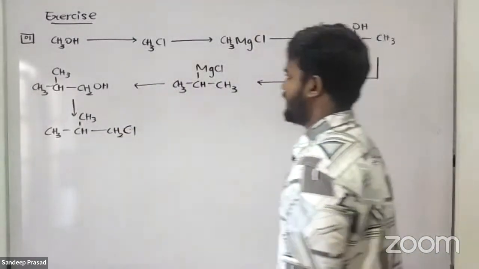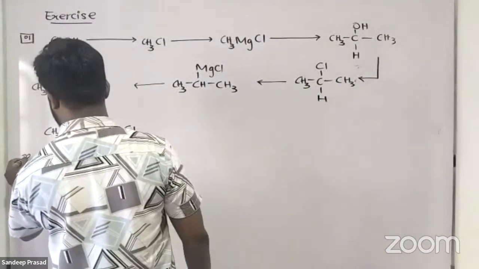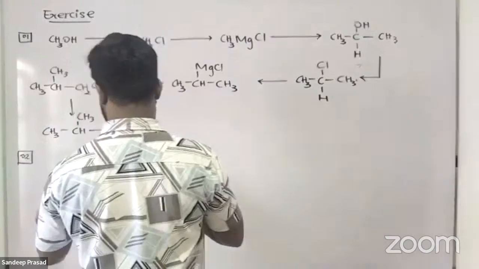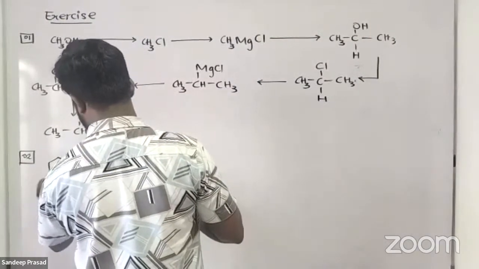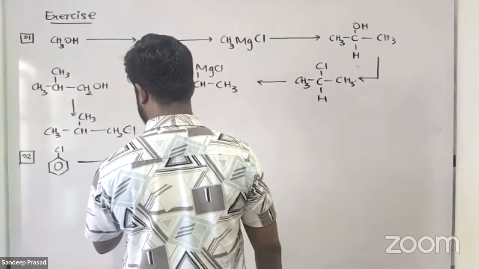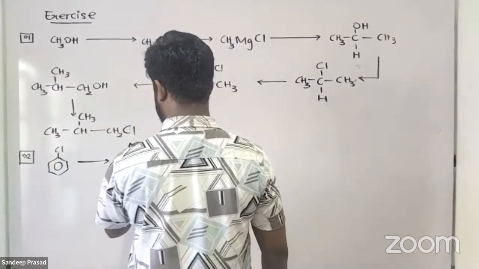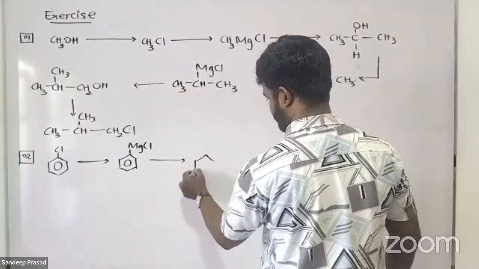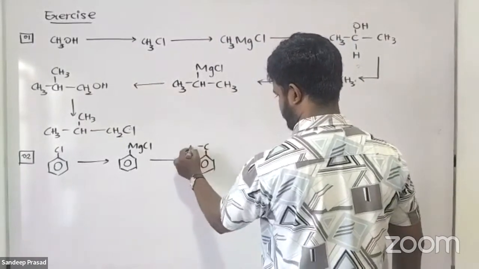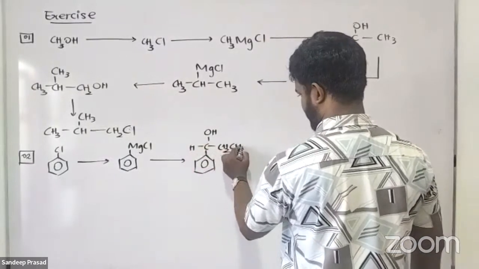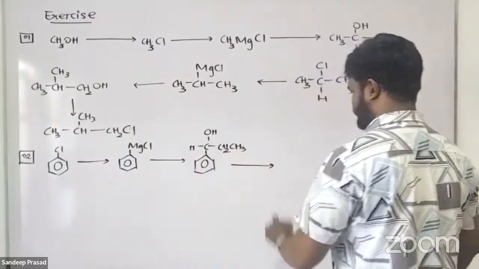And the second one, quickly write down the reagents we have to add on the arrow. We are starting from chlorobenzene. The Grignard reagent is formed. And you can see here the secondary alcohol.